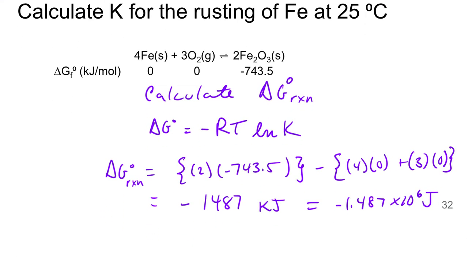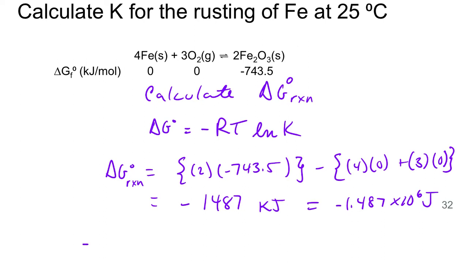So from that value, we can calculate the equilibrium constant using delta G equals minus RT natural log of K. We want to use joules because our R value is going to be 8.314 joules per mole Kelvin.